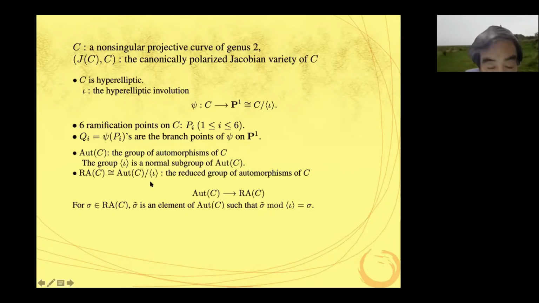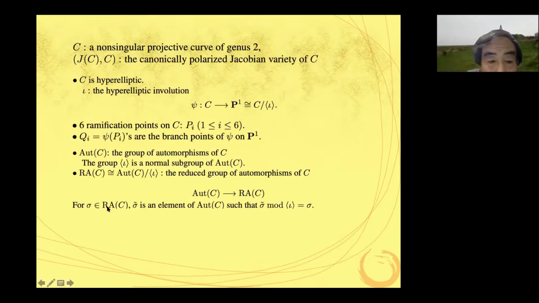We denote by the quotient of the automorphism group of C by this subgroup, and this is called the reduced automorphism group of C. We have a surjective map from Aut(C) to the reduced automorphism group.